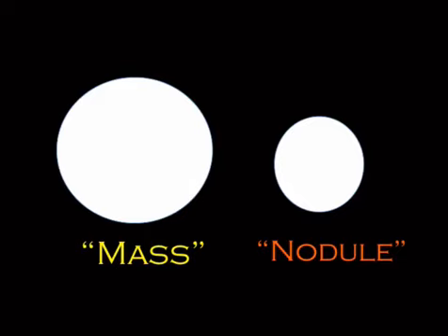If I was going to write a multiple choice question about this, your choices would be 1, 2, 3, 4, 5, and then I would mess with you and change the units. Some of them would be centimeters, some millimeters, some inches. The answer is 3 centimeters. So 3 centimeters and bigger is a mass, 3 centimeters and smaller is a nodule.